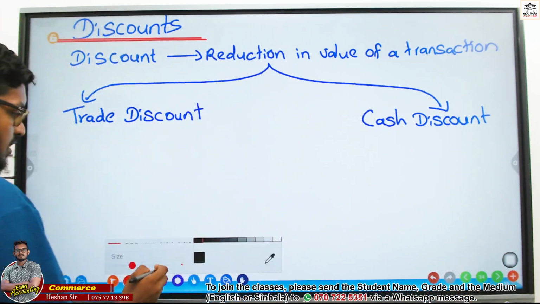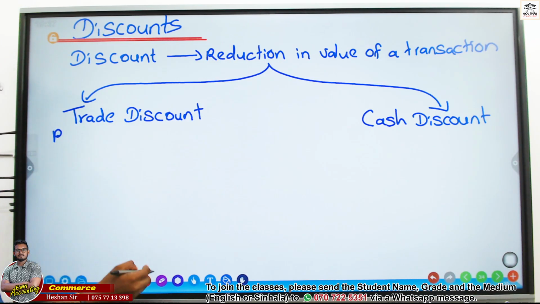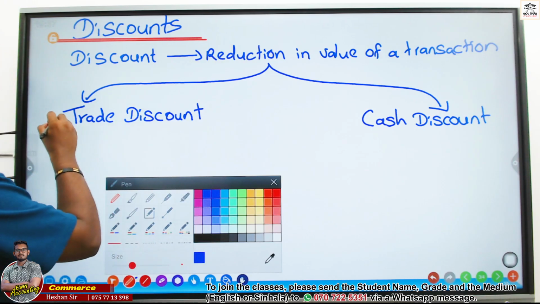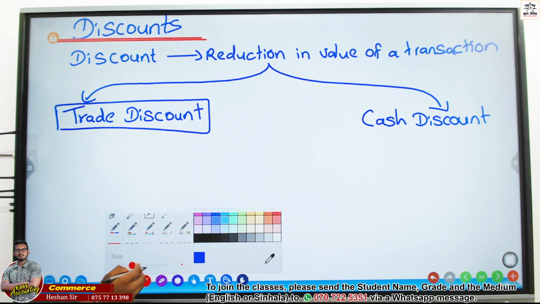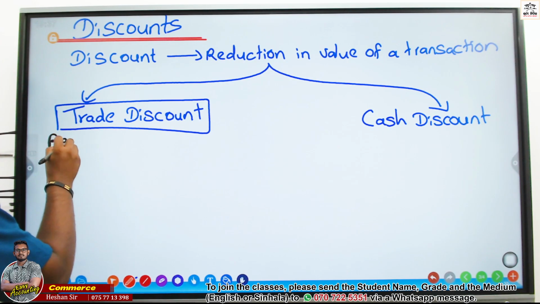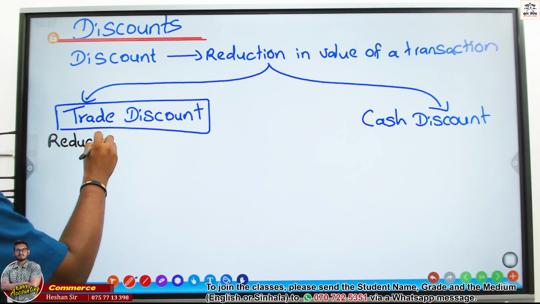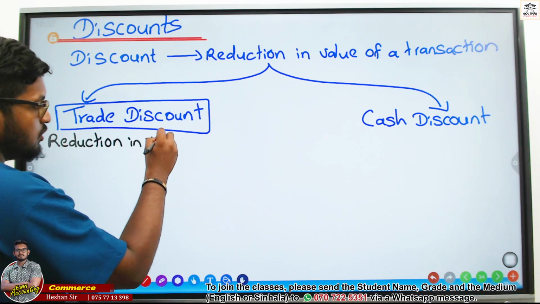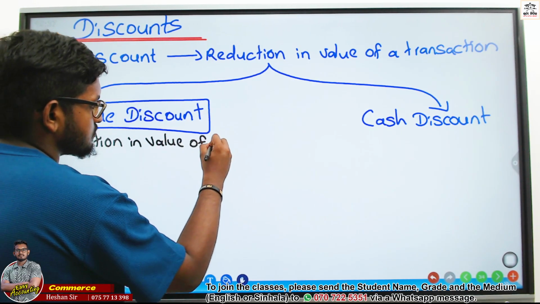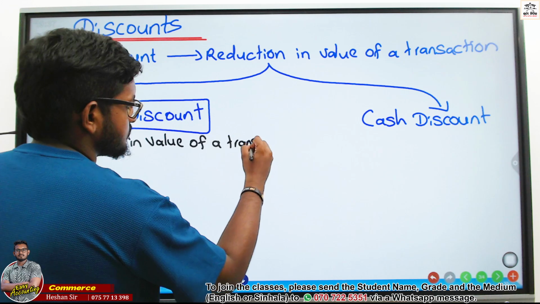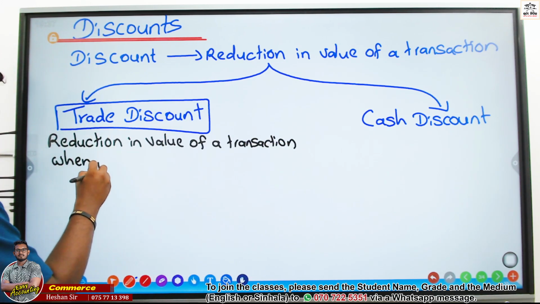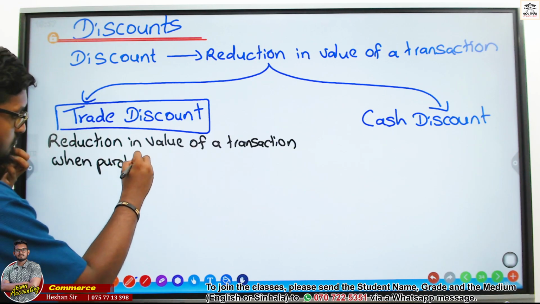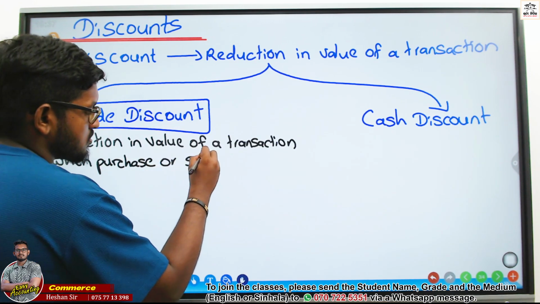Right. Trade discounts means what? Reduction in the listed price of the transaction. Reduction in value of a transaction when purchase or sale of goods.